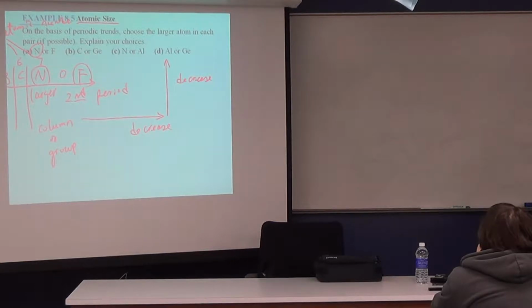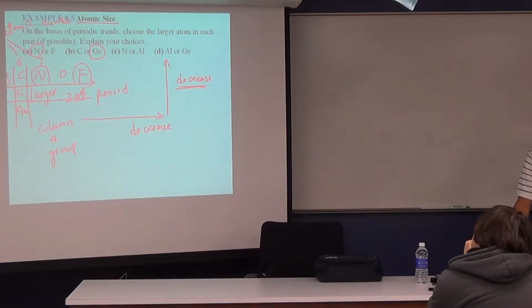Below carbon you have silicon, Si, and below that germanium, Ge. You can see this arrow goes up in the same column, the size decreases. Therefore carbon is smaller and germanium is bigger. Very easy to find out.